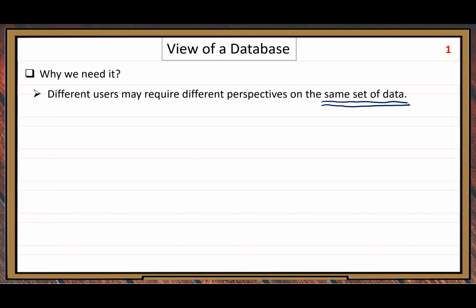Same amount of data, or same physical storage. The data we know, we use physical storage to store that set of data. We do not use extra storage for that set of data, but we can generate all different kinds of views from that set of data.